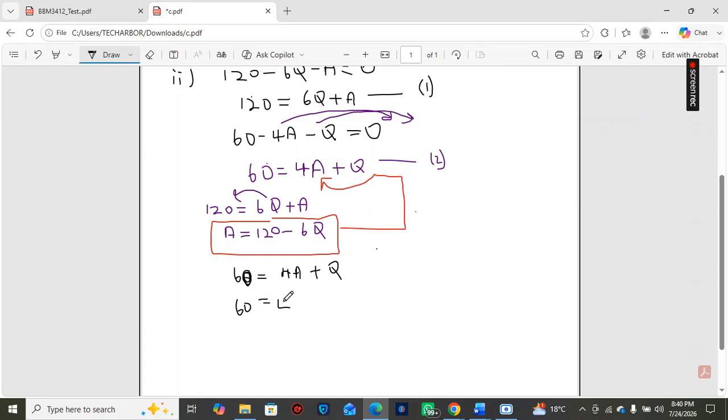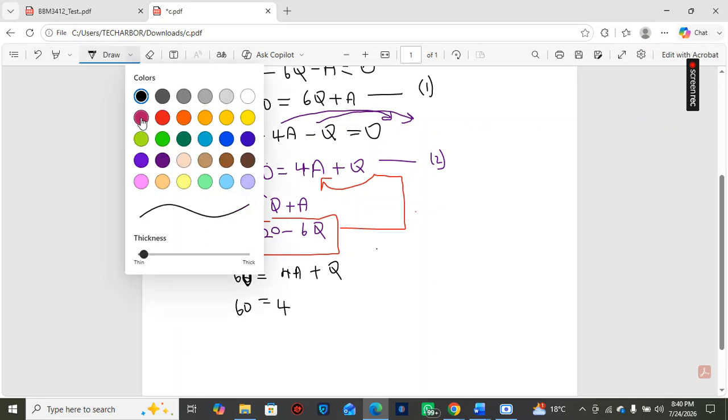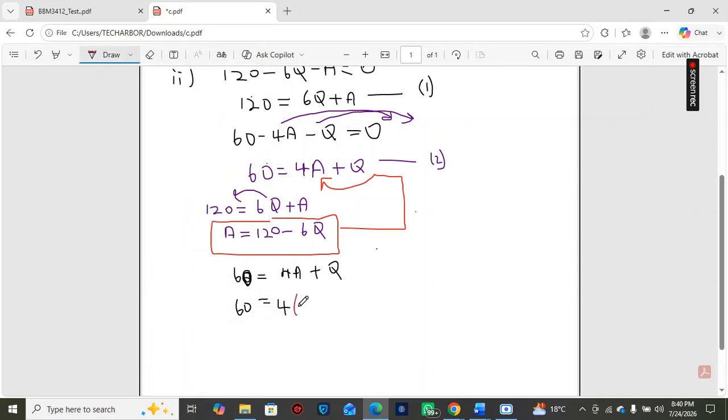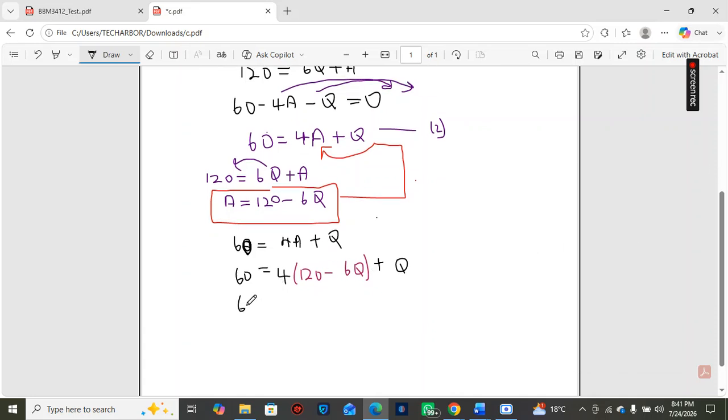So we're going to have 4, open brackets, 120 minus 6Q, close brackets, plus Q. So we say here 60 equals 4 times 120, that is 480.